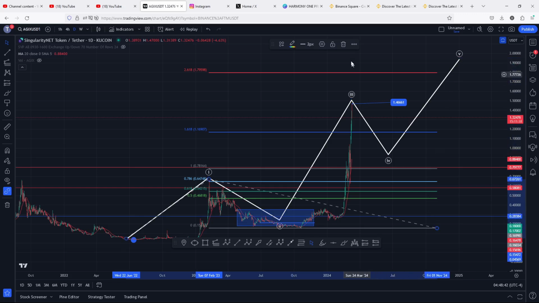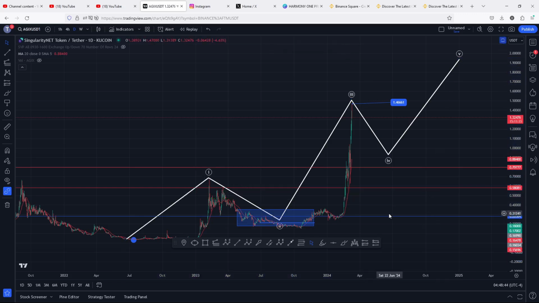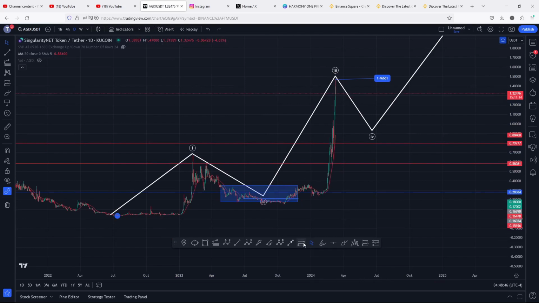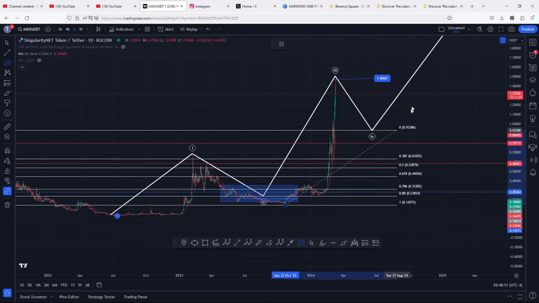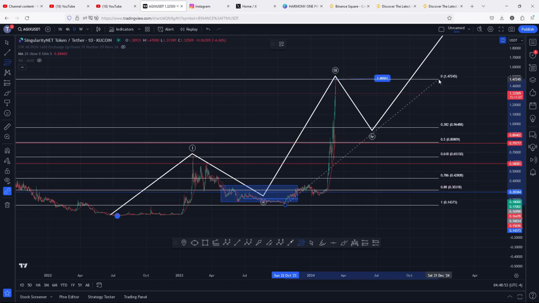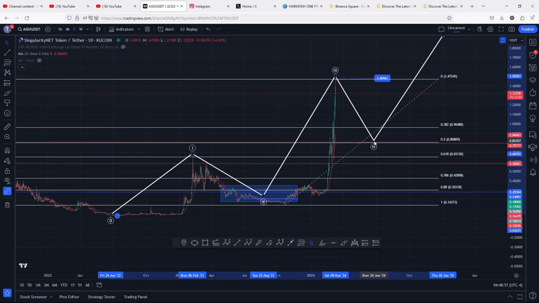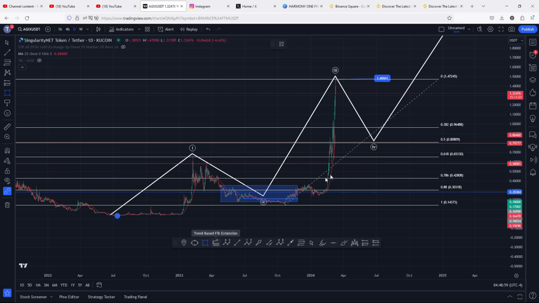The minimum target areas for the fourth wave can be given using the Fibonacci, connecting the Fibonacci from the low of the second wave to the high of that wave 3, giving me a minimum pullback target area between the fib level 0.382 and the fib level 0.5, and that perfectly lies between the 0.96488 and the 0.8089.